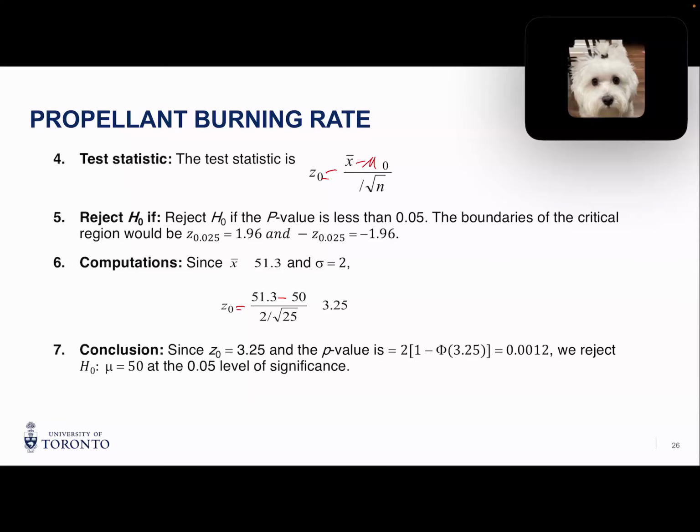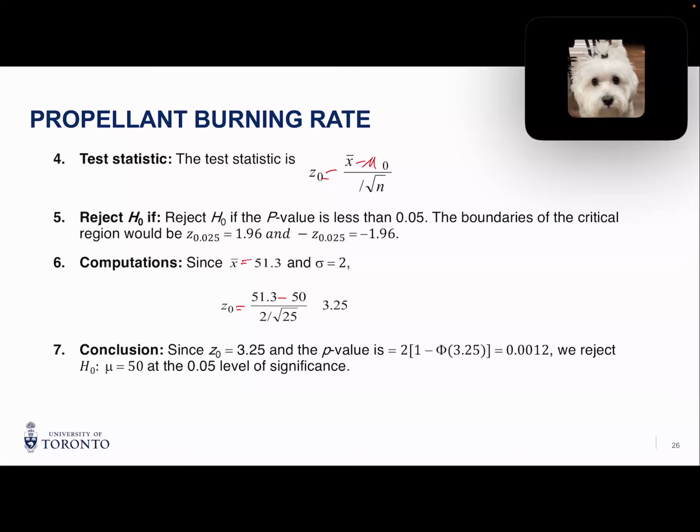We can either look at a table, have it memorized in our brains, or otherwise calculate it that Z of 0.025, remember we split, is 1.96, and the negative value is negative 1.96.